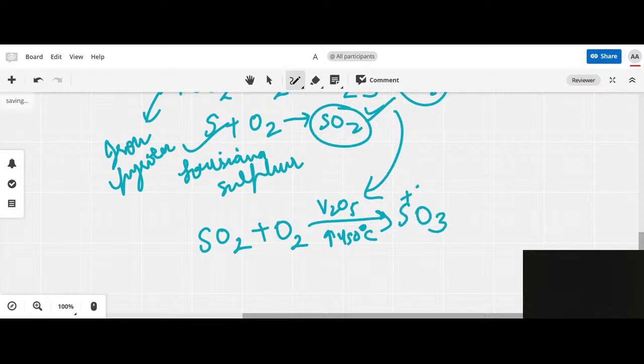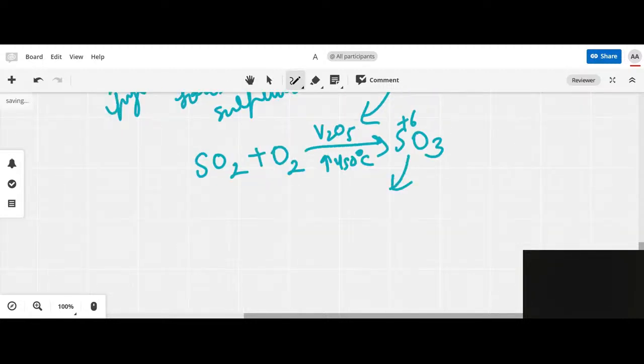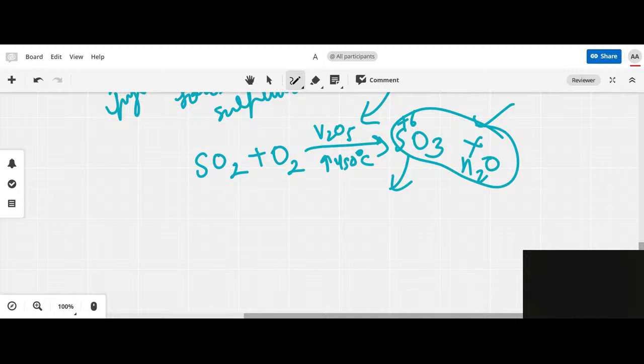Again, it went into the plus 6 oxidation state. Now we simply add H2O. But if you add H2O directly, it does not give you H2SO4 properly. We'll look at the mechanism in upcoming videos, so stay tuned.